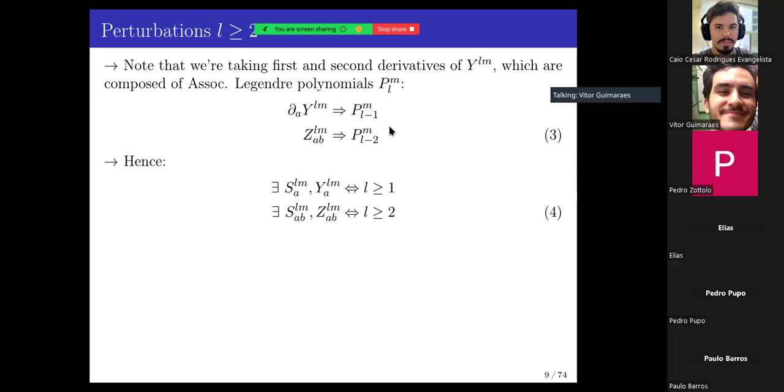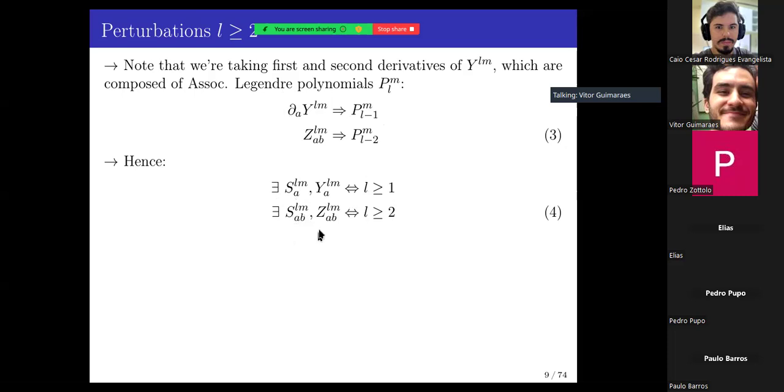What is important is that this happens, which means that these vectors won't exist for L less than 1. So L must be at least equal to 1 or greater for these vectors to exist, because they are constructed from first derivatives of the scalar spherical tensor.